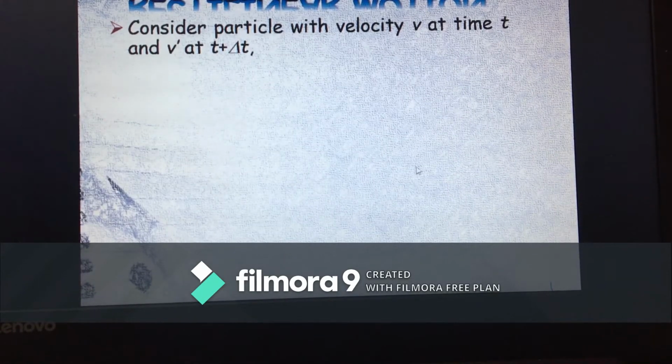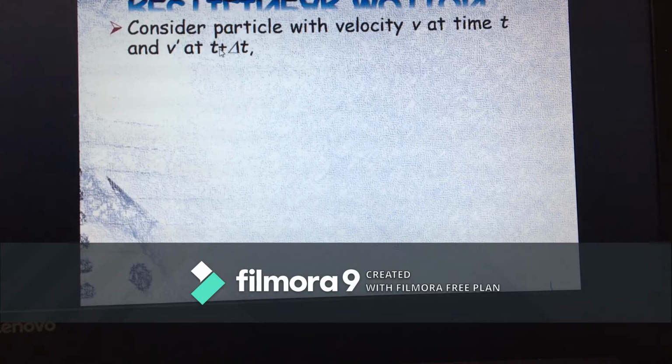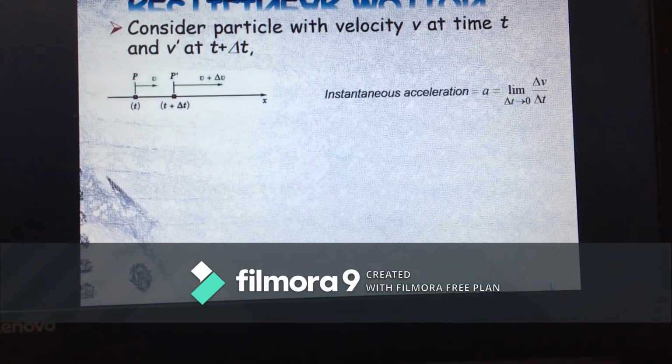The particle with velocity v at time t and v prime at t plus delta t. So ito yung illustration niya, class. So initially the particle is moving from a certain position. Hindi lang pinakita dito kung saan siya nag-umpisa, but as you can see in the arrow, it goes to the right.